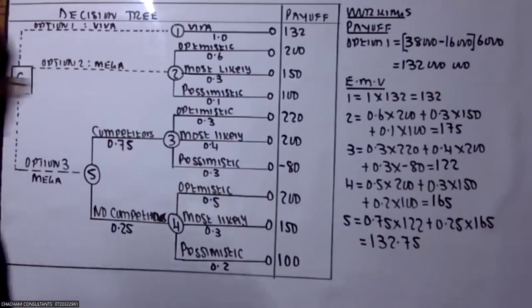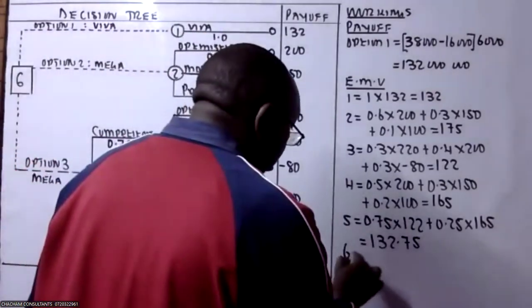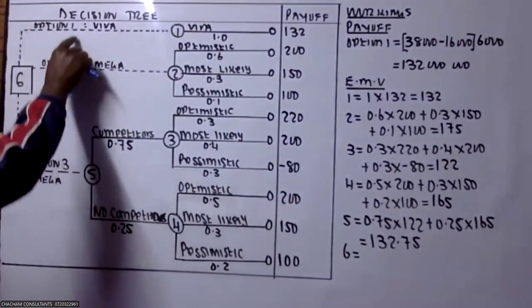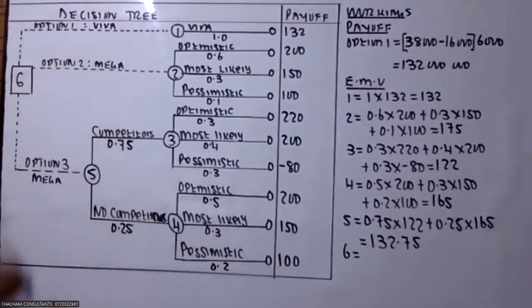Then number 6. Because we have incomplete trains going out, there you don't multiply, you select the highest.